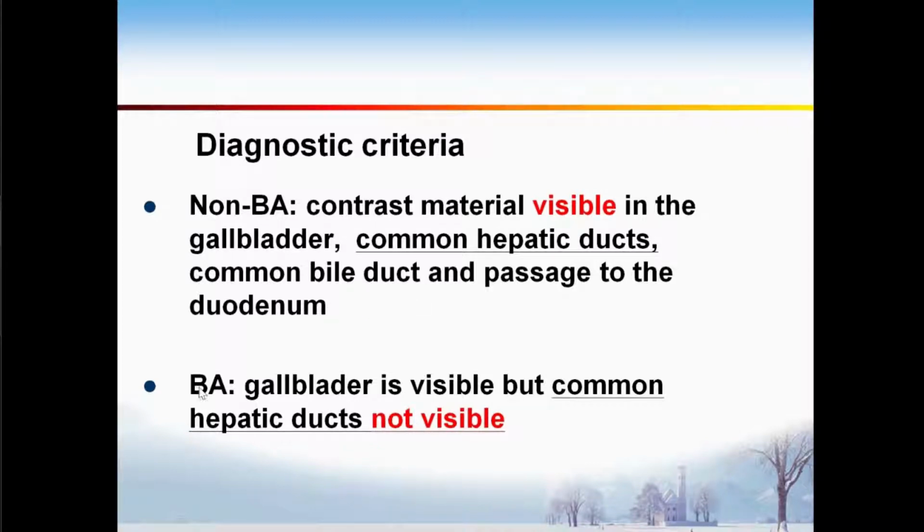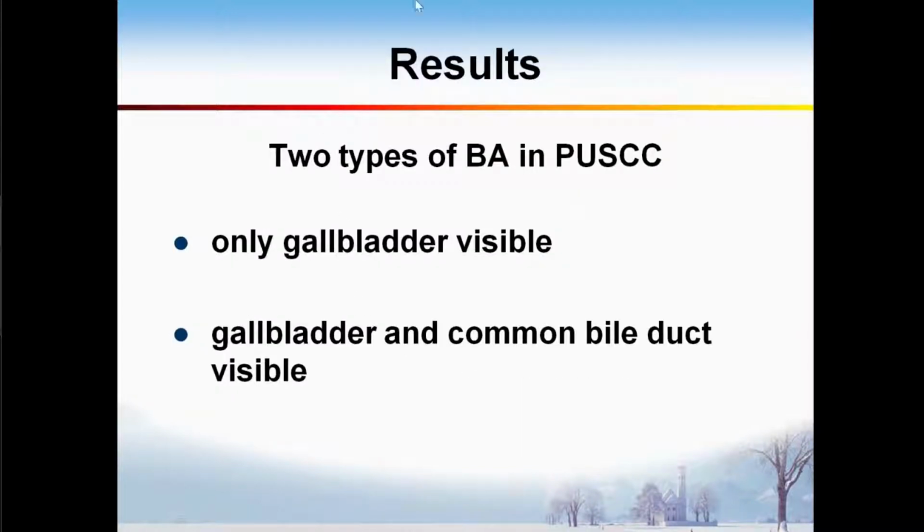If the patient has biliary atresia, only the gallbladder is visible, but we cannot see the common bile duct. So in our research, we can see two types in the babies. One is where only the gallbladder is seen, and the other is where the gallbladder and common bile duct are both visible.